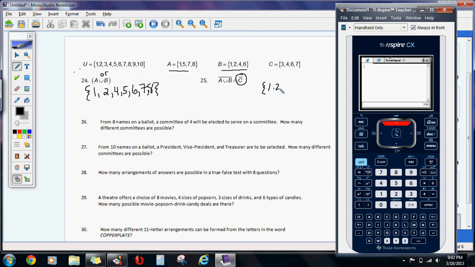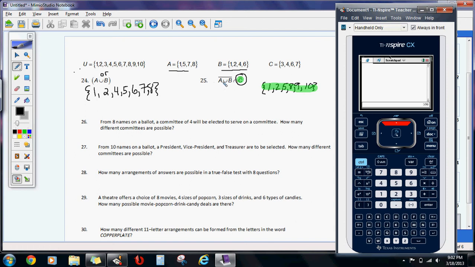So 1, 2, 3 did make it, 4 did make it, 5, 6, 7 did make it, so 8, 9, and 10. Those right there are the values that are actually the complement of C. So now this one, we're going to intersect that in a second with what we get from here.